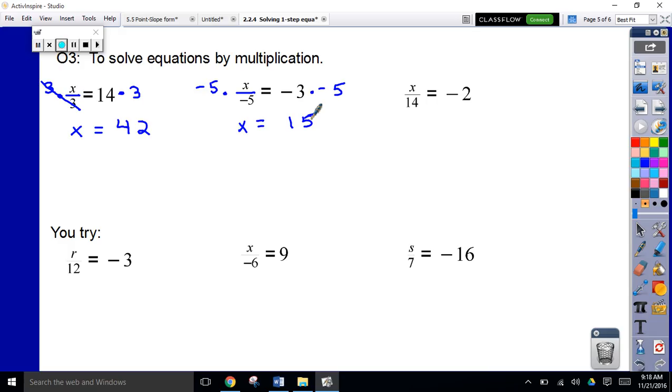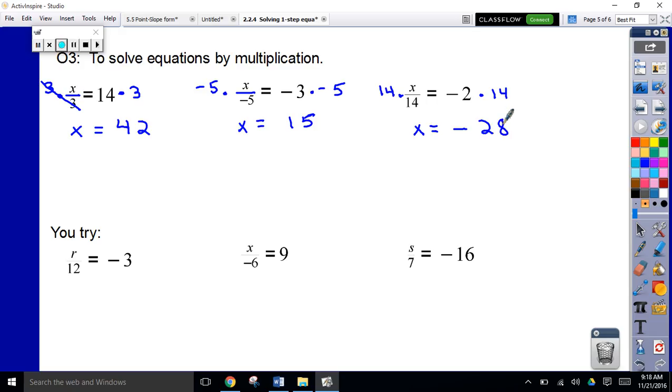Multiplication. This means division. I need to do the opposite, so I'm going to multiply by 14. So x equals what, Halen? Negative 28. Good. Negative 28. Okay, 3 examples for you to try.